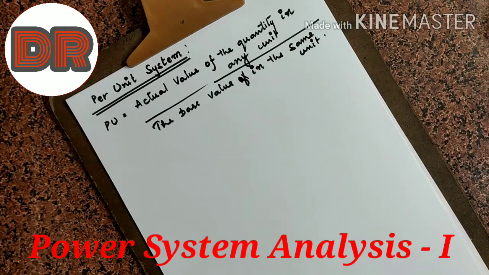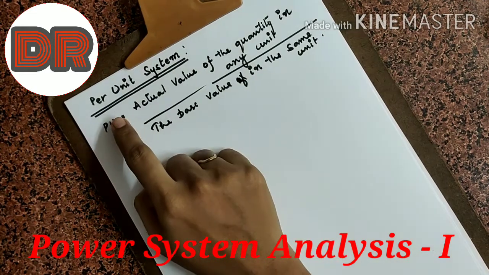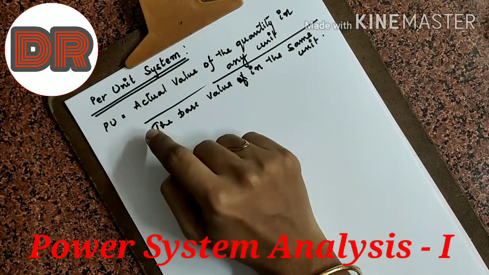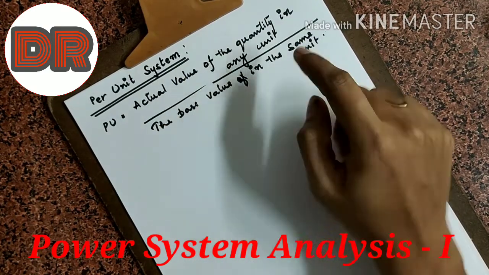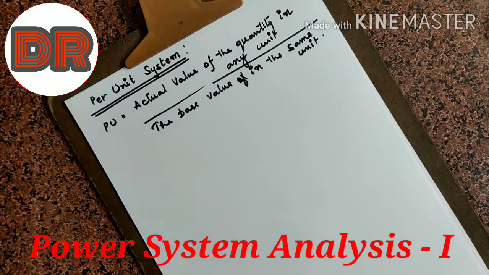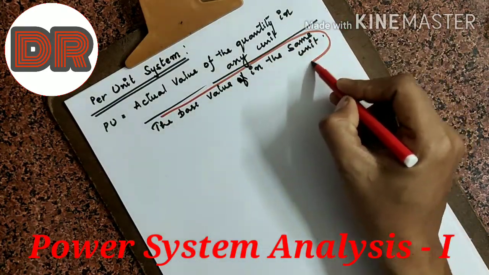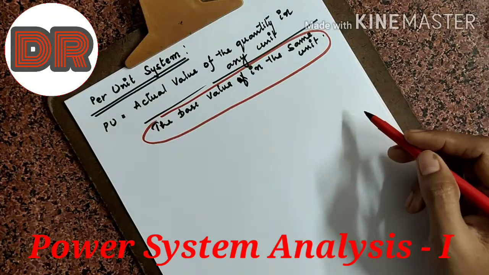So let's start. In the previous video, I told you that a per unit system is nothing but the actual value of the quantity in any unit divided by the base value in the same unit. So in order to calculate the per unit quantity, we need the base value of that particular quantity.